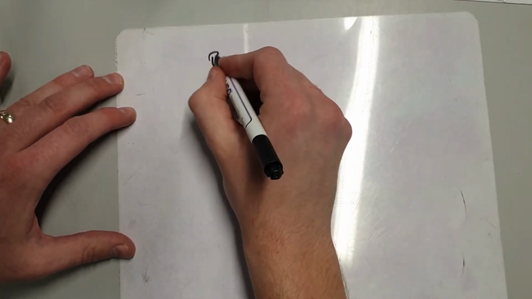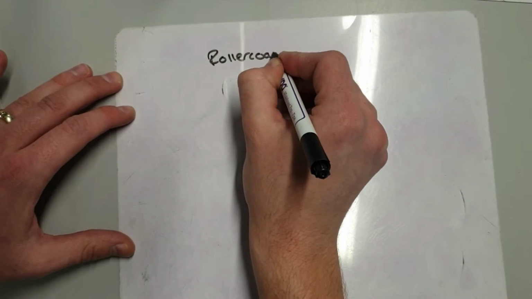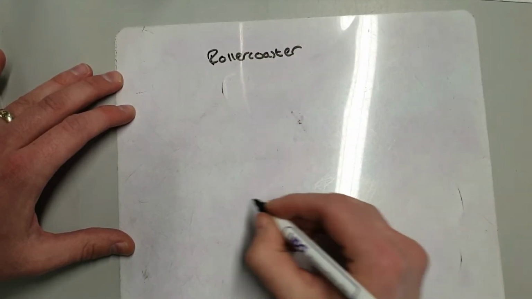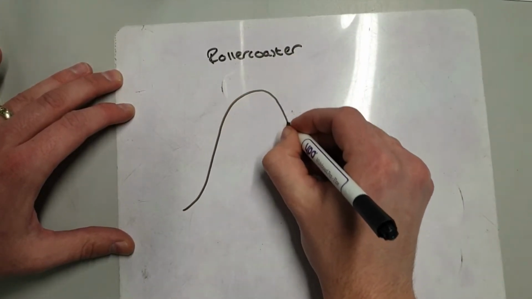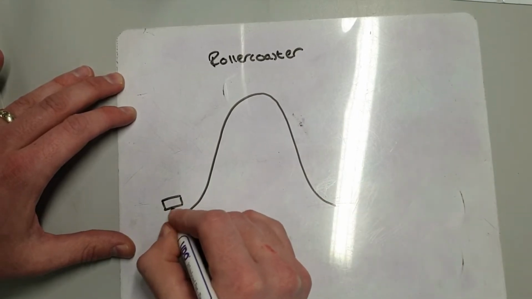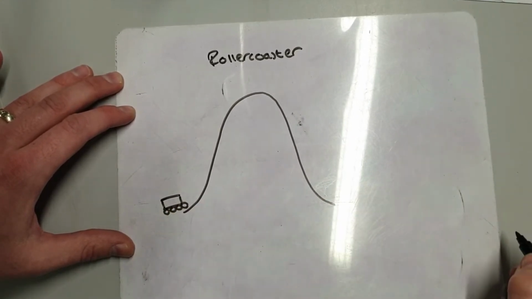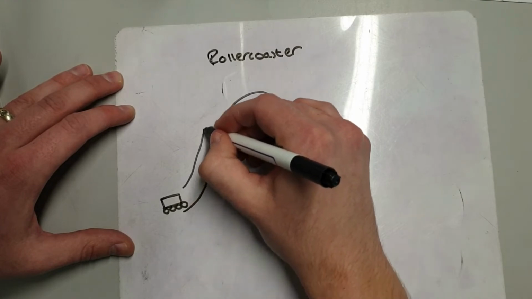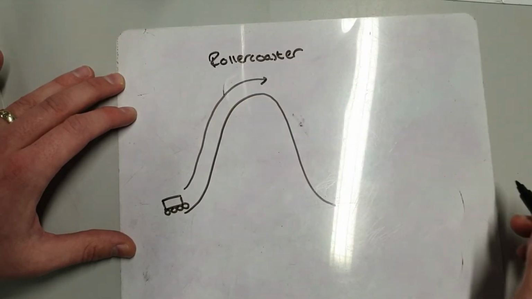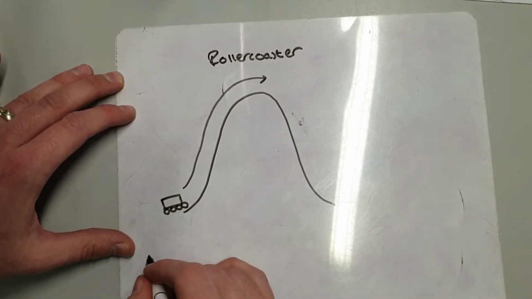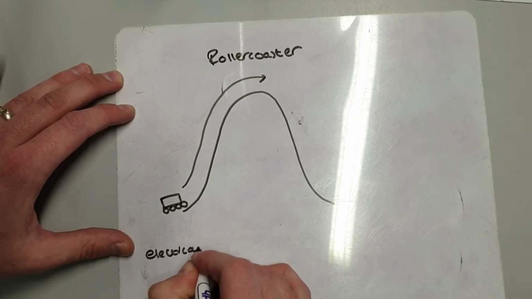Now if we pick a slightly more confusing one, if we look at, for example, a roller coaster and the energy changes involved in a roller coaster. Well, a roller coaster is going to look something like this. And here is my roller coaster. Obviously the roller coaster is going to go up to the top of the track. So what are the energy changes involved? Well, first of all, we've got electrical energy.